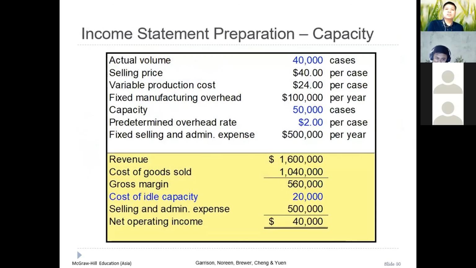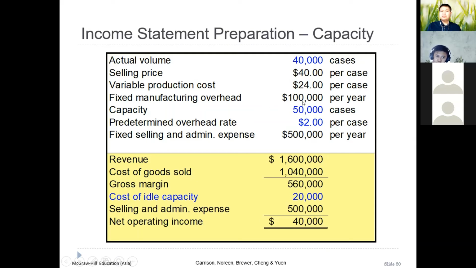Okay? So, let us prepare the income statement under the capacity. Okay, if we're using capacity, all right? So, let us say the actual volume, we have your 40,000 cases. The selling price is 40 per case. The variable production cost is 24 per case. The fixed manufacturing overhead is 100,000.